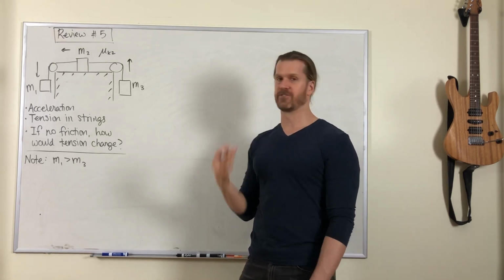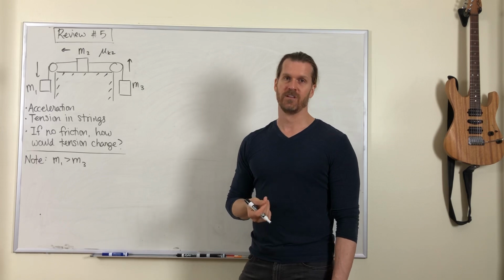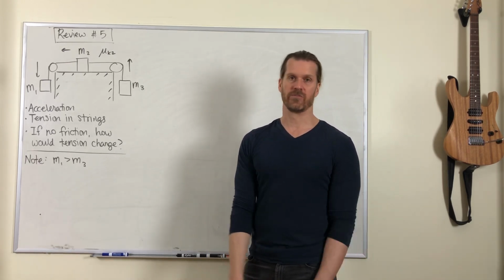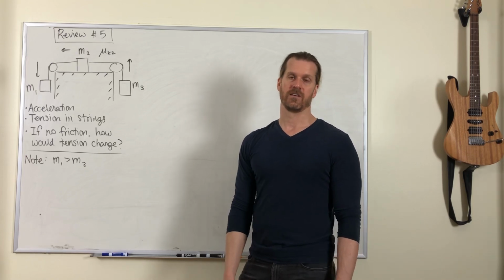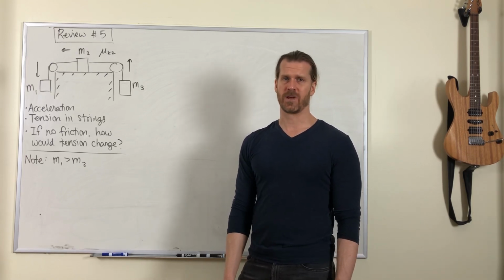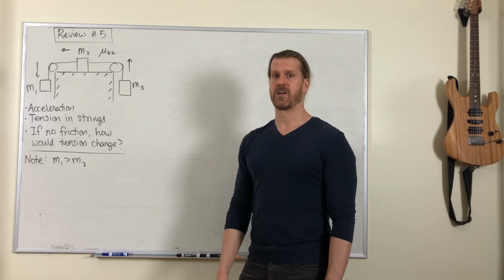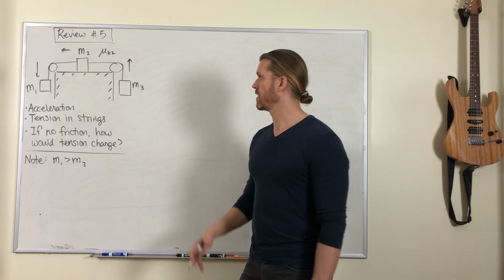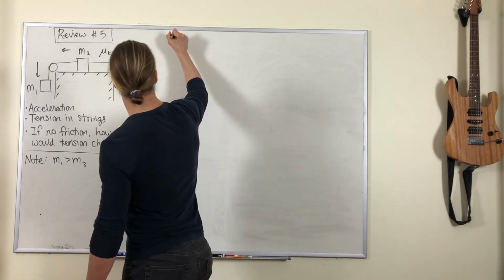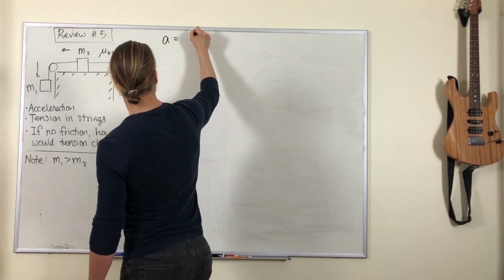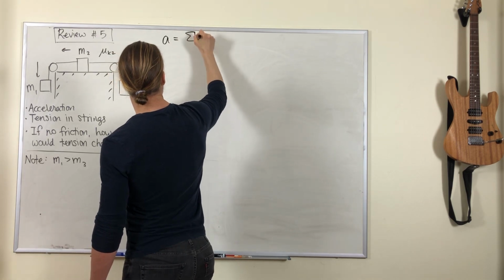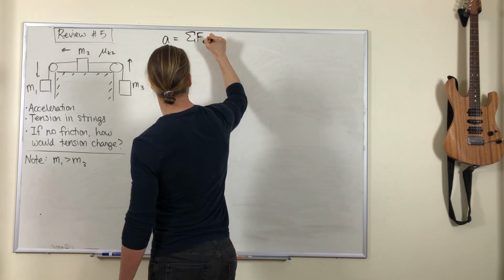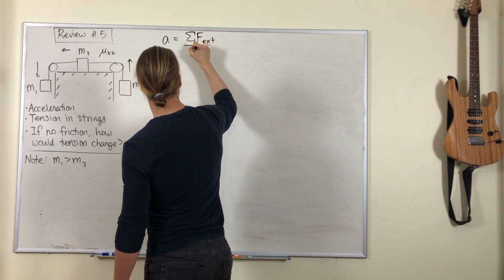If you really like doing lots and lots of algebra, you can write separate free body diagrams for each object and all the Newton's second law equations and solve that system of 3 equations. It takes a long time, but I'm going to use the shorter method where we say that the acceleration of the system is the sum of the net external forces on the system divided by the total mass.